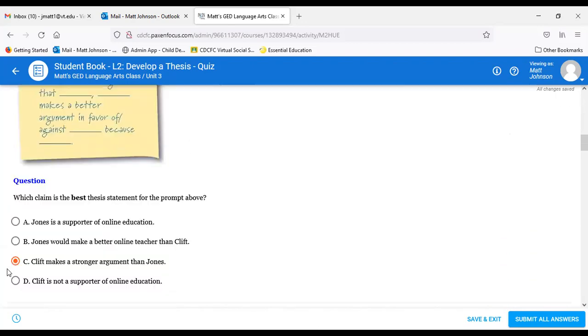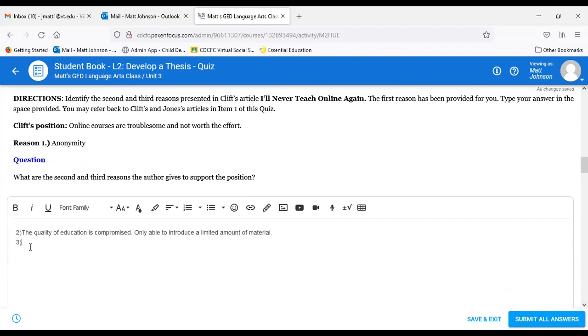right? So she's not making up the difference there as far as pay and everything. So it is triple the work compared to a traditional classroom. Okay, right, so that's her second claim.